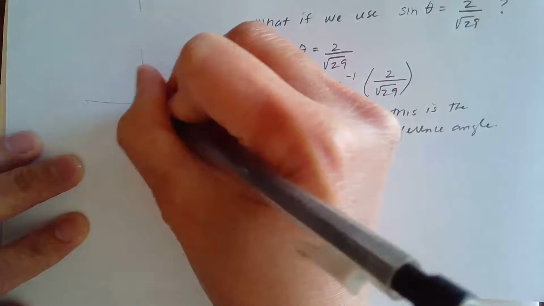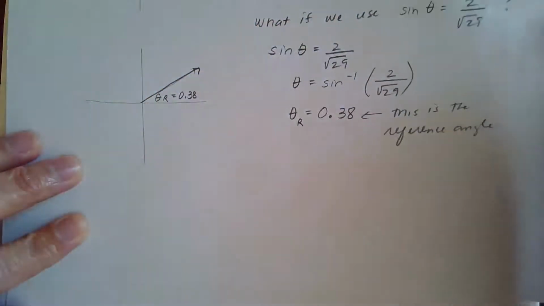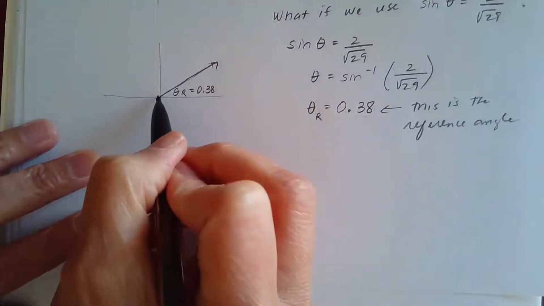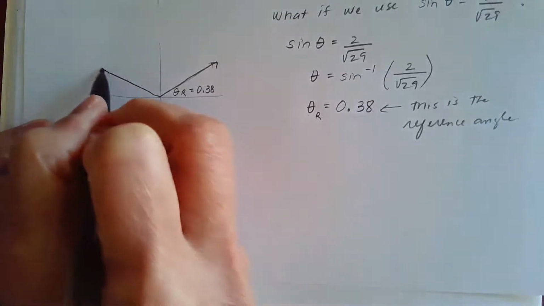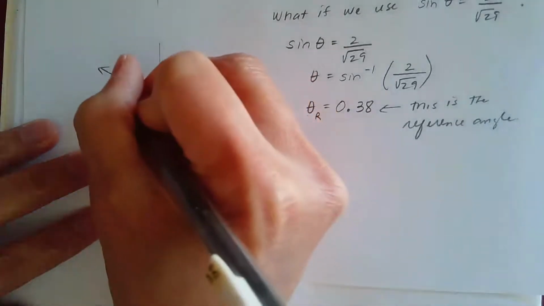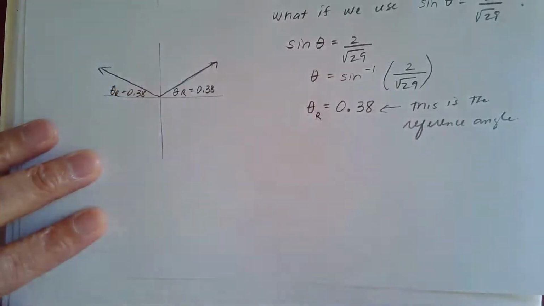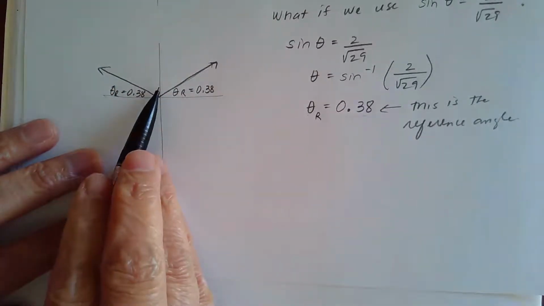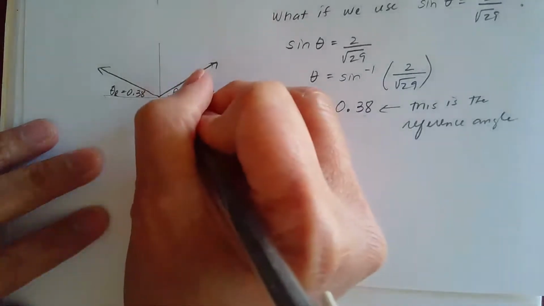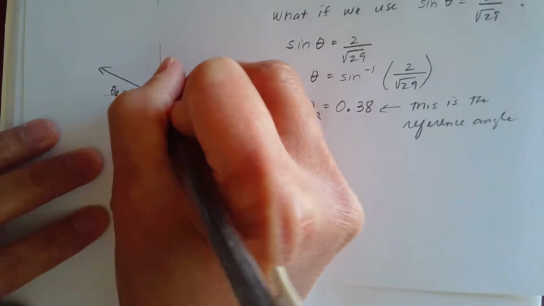So your calculator is smart, but not as smart as you are. If that's a reference angle of 0.38, then this is also 0.38. We don't want the reference angle, we want the angle itself. So we're going to go from here to there.